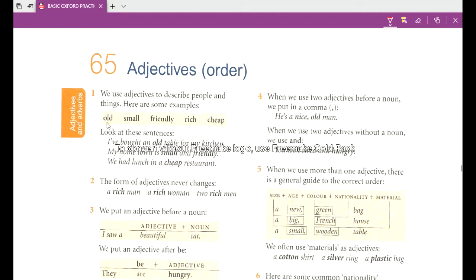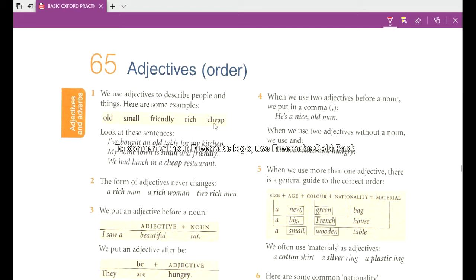For example, old, an old man, small, a small house, friendly, rich, and cheap. These are examples of adjectives.